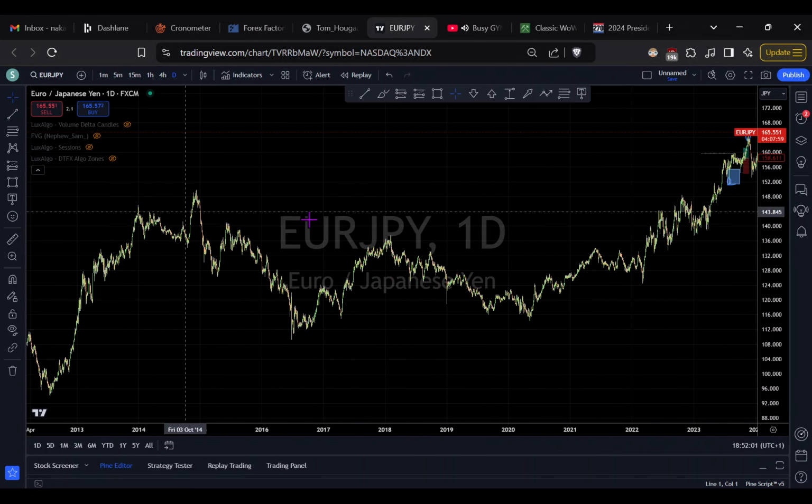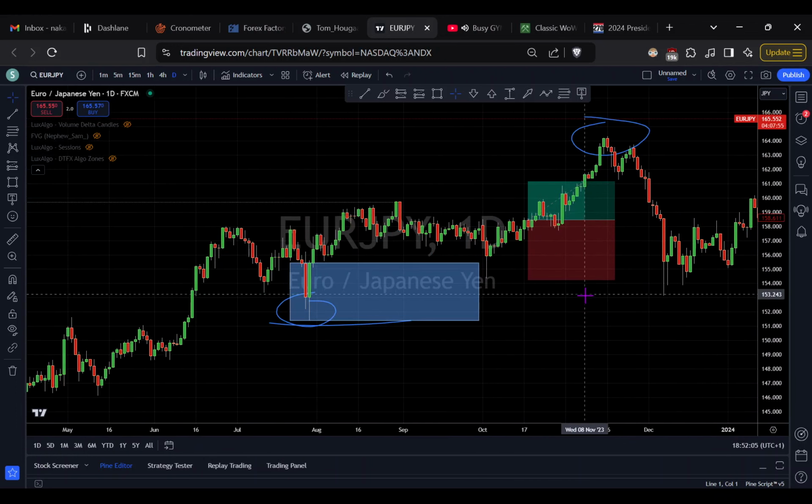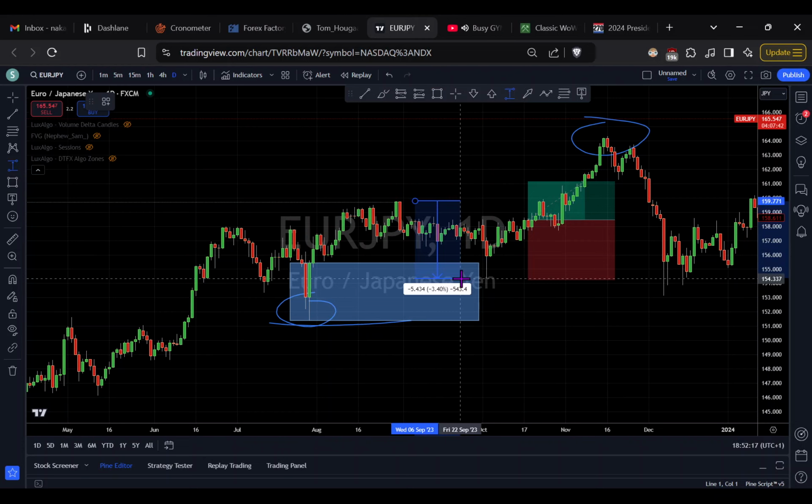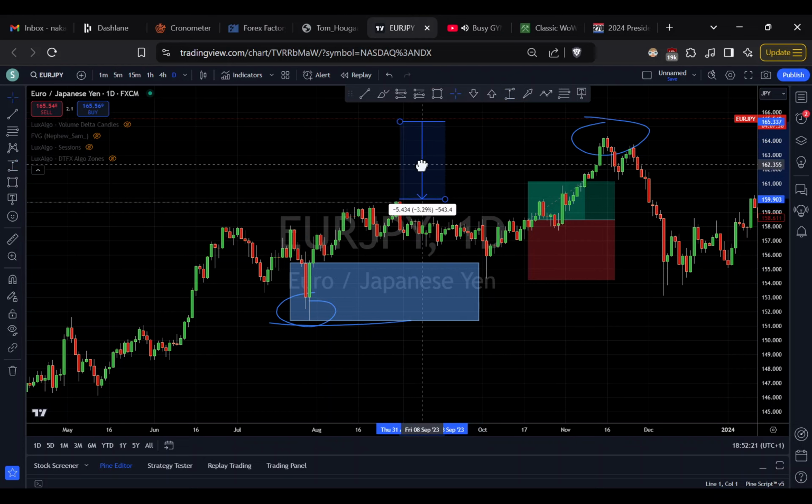So when this happens, and I want to go longer, what I normally do is, okay, so this is the recent high. It has no value as of yet. I will do a measured move with this thing. So I take the high, and go down to where we came from, and I will add it to the top.